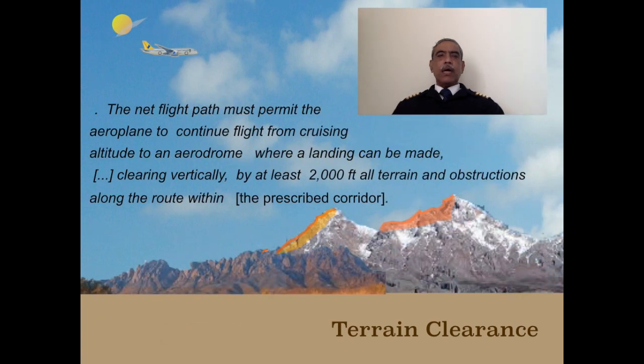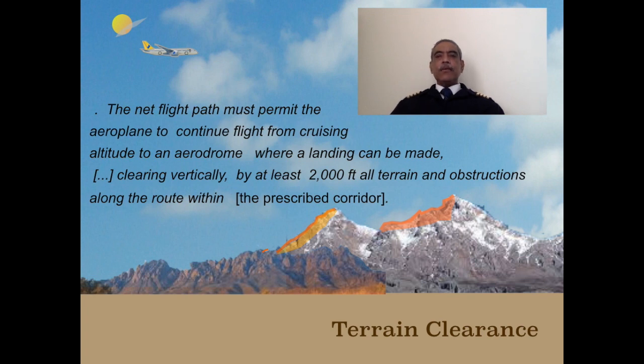We also saw a 2000 feet rule where the net flight path must permit the aeroplane to continue flight from cruising altitude to an aerodrome where landing can be made, clearing vertically by at least 2000 feet all terrain and obstructions. And I try to elaborate the difference between these two rules, and I will take another 30 seconds to recall.